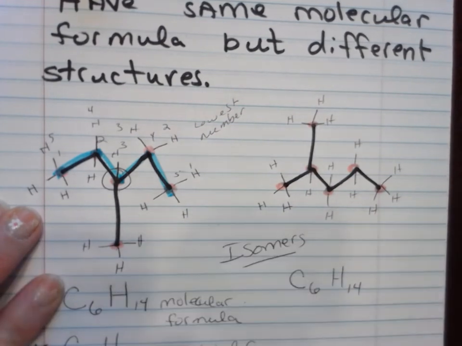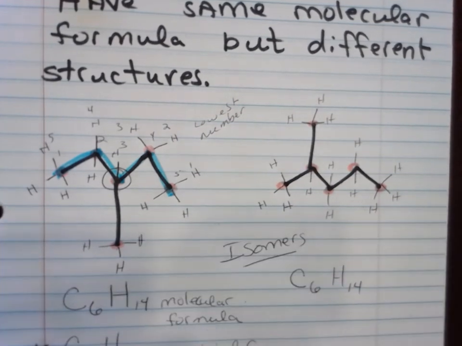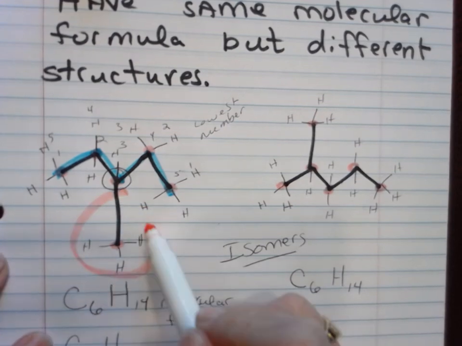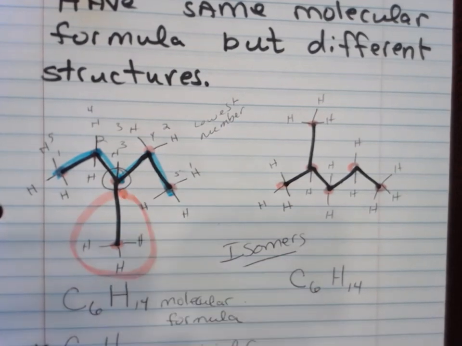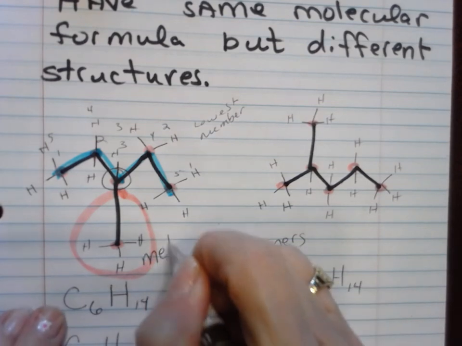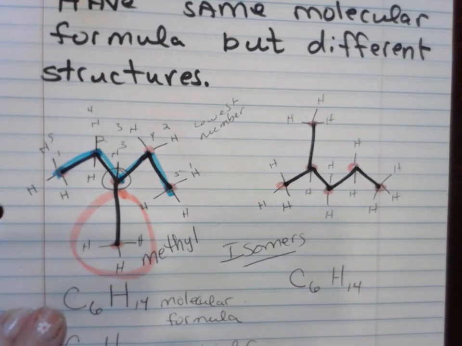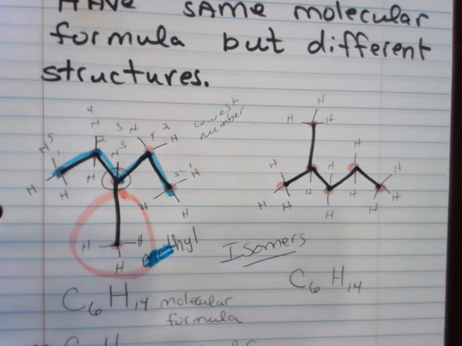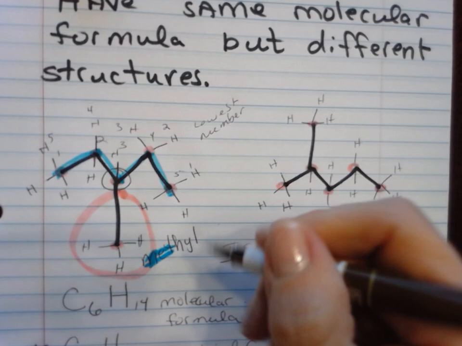So this substituent has 1 carbon. It is a methyl substituent. So we've got the name meth because it is 1 carbon, and because it is a substituent, it is not called methane, it is called methyl.